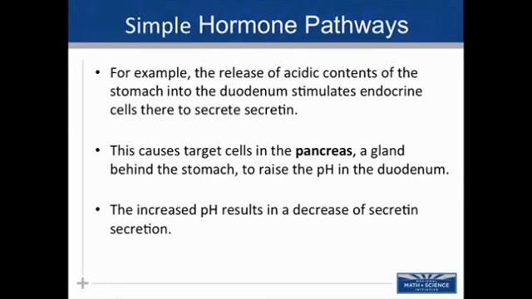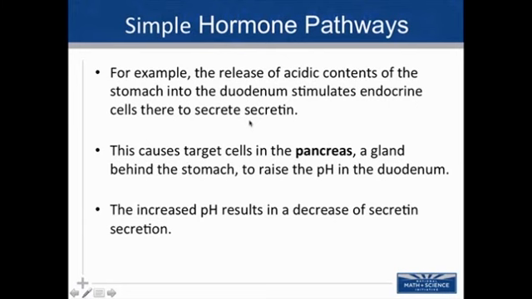Now that acidic chyme is going to move into the small intestine. The small intestine doesn't have that same adaptation to protect it from acids, and so the acid serves as a stimulus for the endocrine cells that are found in the small intestine. They're called S cells, and they will secrete a hormone called secretin.